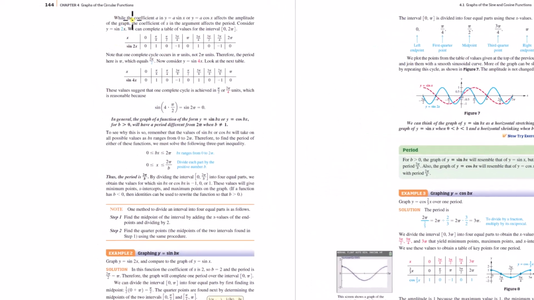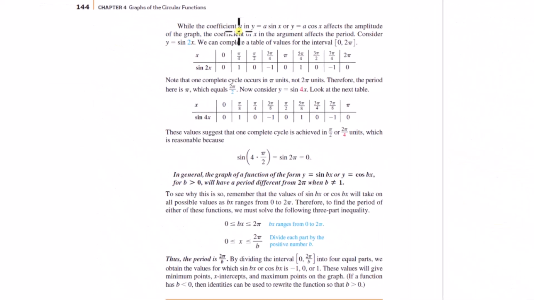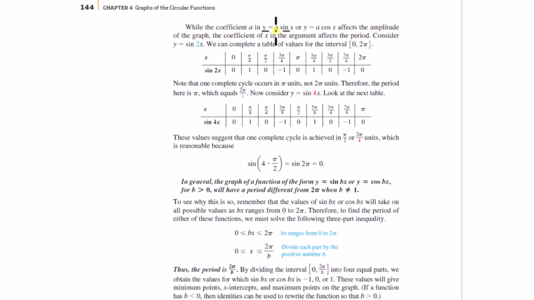Okay, now while the coefficient out front of the sine or the cosine affects the amplitude of the graph, that was stretching about the y-axis, but we can also stretch about the x-axis by multiplying something in front of the x. And this is going to affect the period.